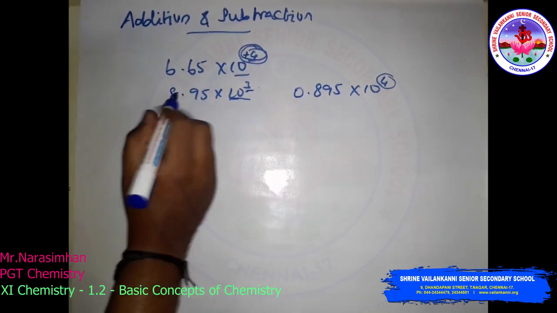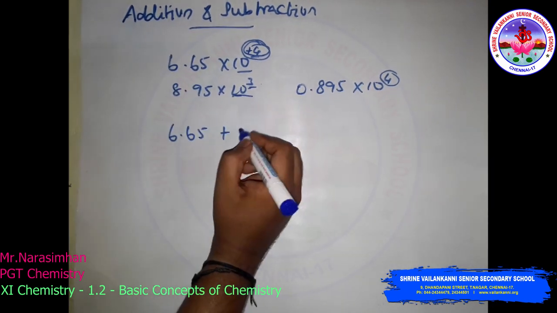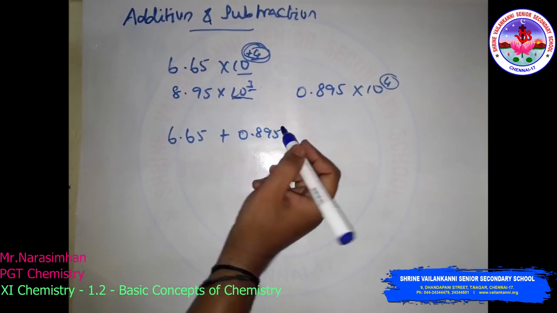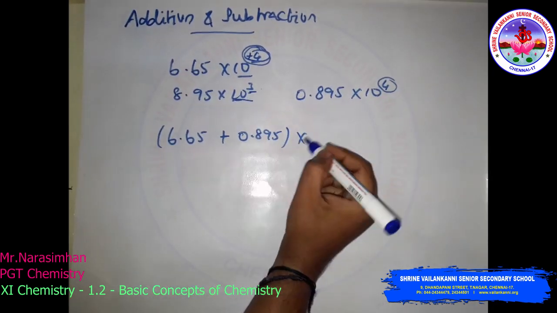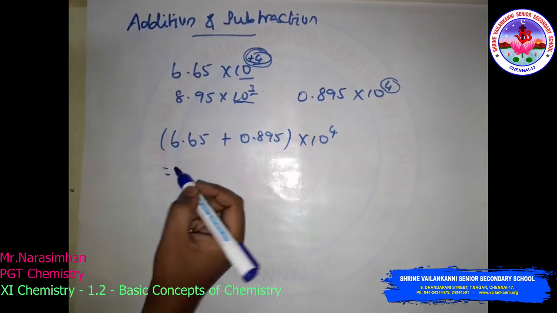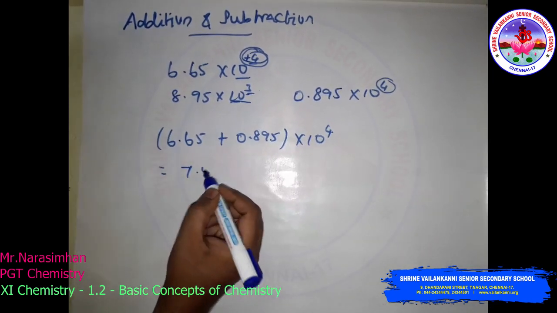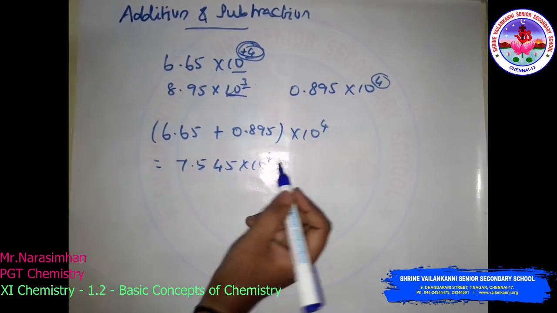Now you can add 6.65 plus 0.895, into 10 power 4. Okay, the final value is 7.545 into 10 power 4.